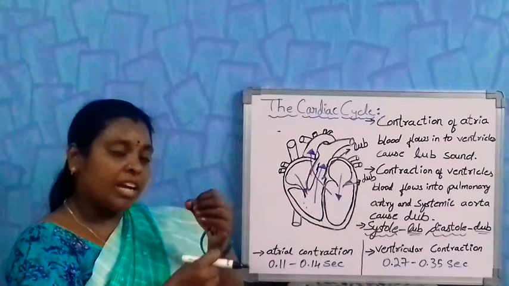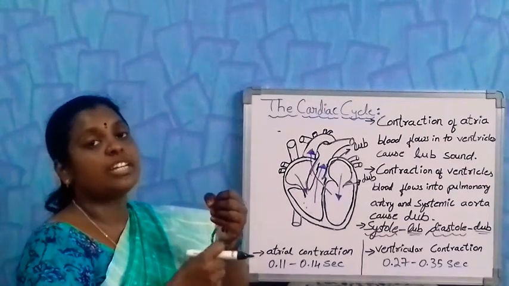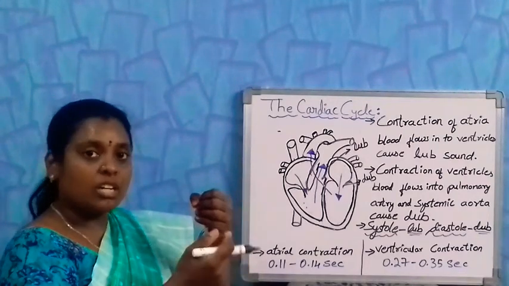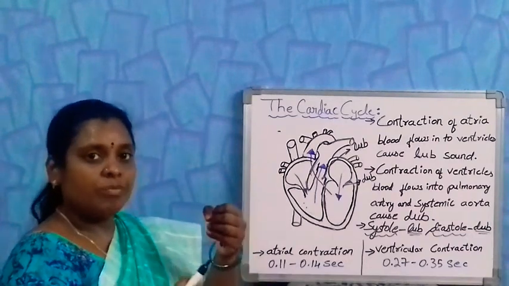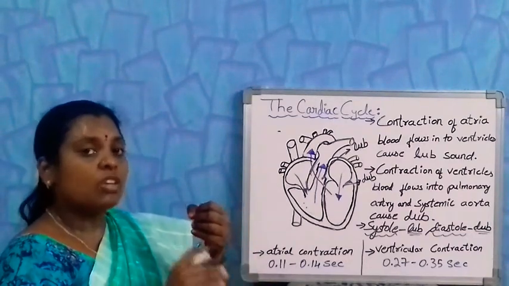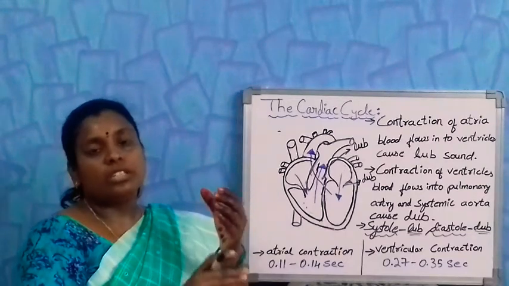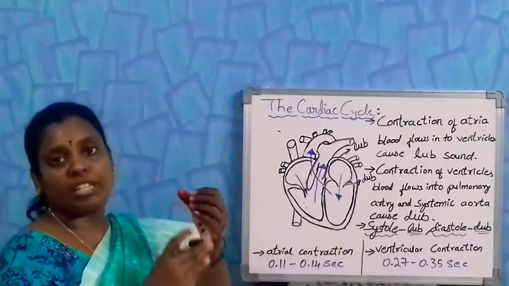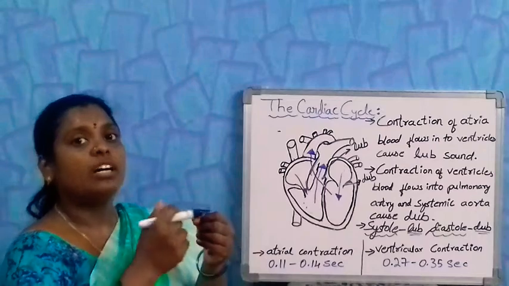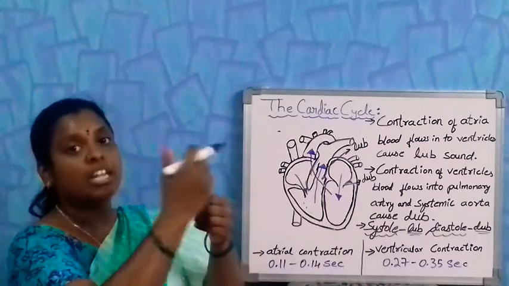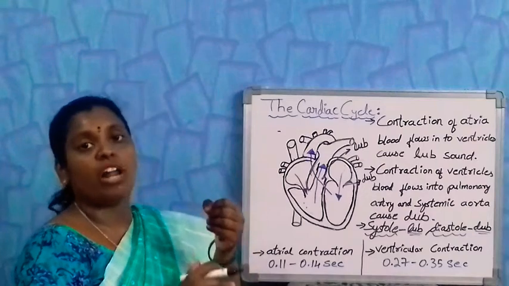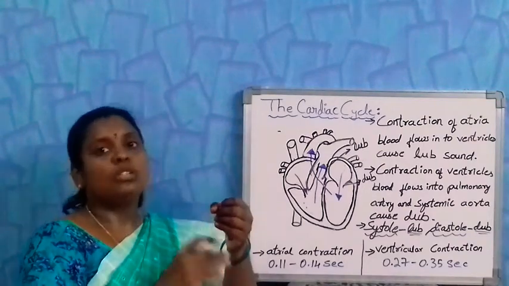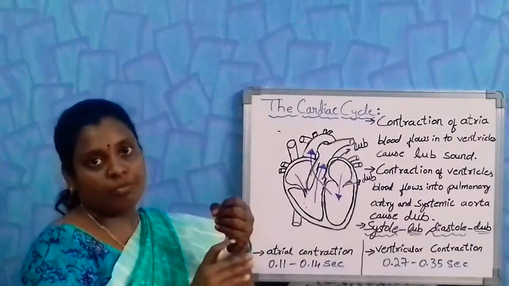The blood which is present in the ventricle enters into the pulmonary artery and systemic aorta. To prevent the backward flow of blood from the ventricles to the auricles, the bicuspid and tricuspid valves help.